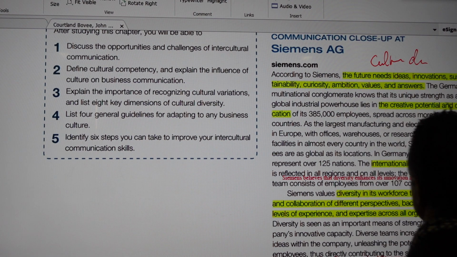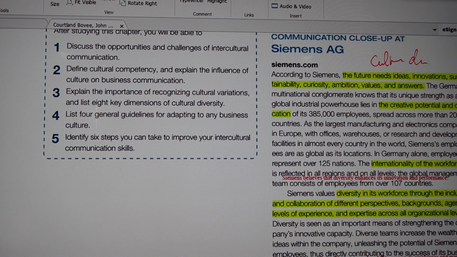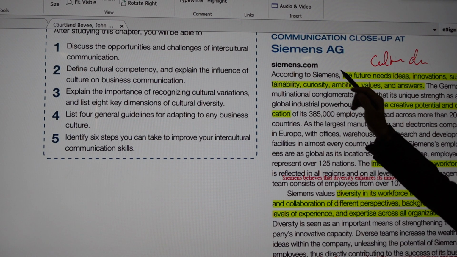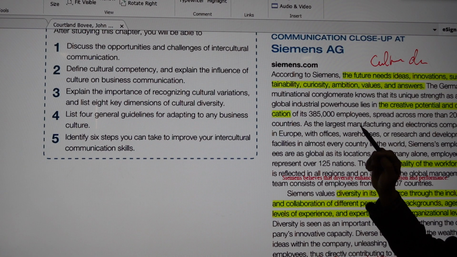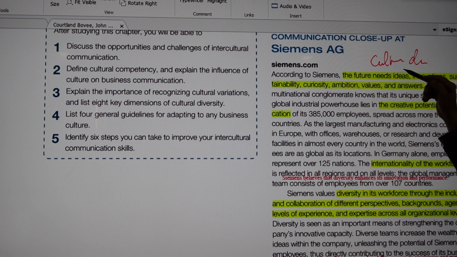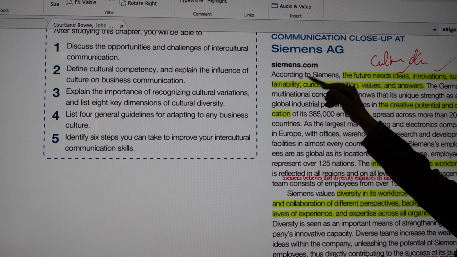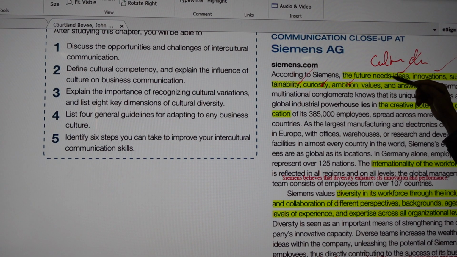You know, if you want to grow in business, you need more ideas, you need more innovations, you need sustainability, curiosity, ambition, values, and answers. And you cannot get more ideas by hiring similar kind of people.